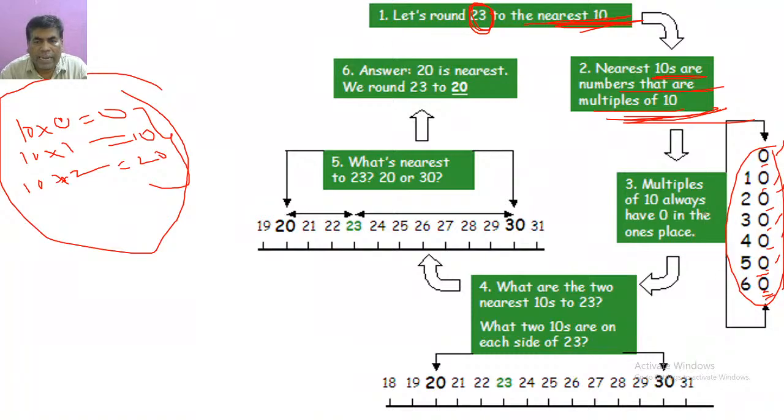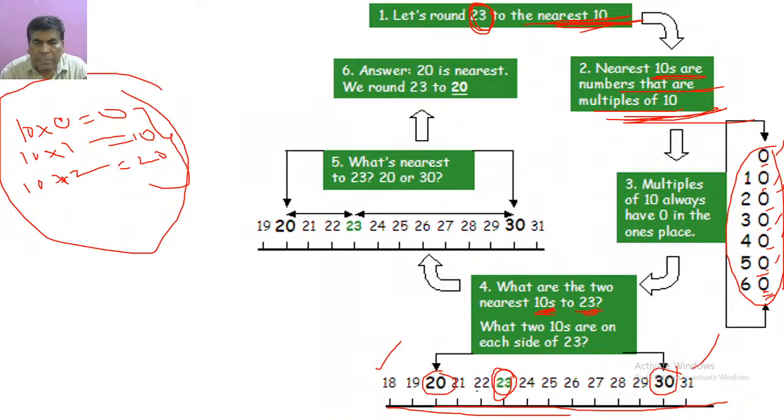Now we have to find what are the two nearest tens to 23. If on a number line I write numbers from 18 to 31, where is 23? Here it is. Where is 20? Here. Where is 30? Here.